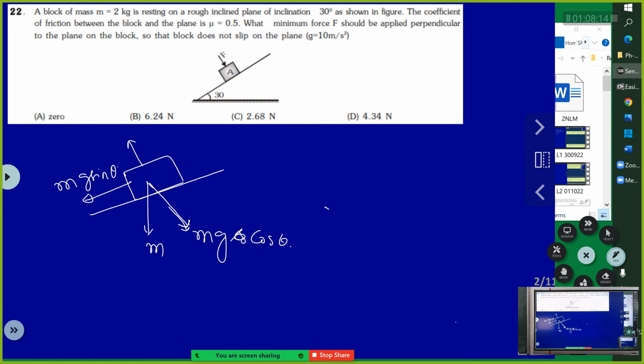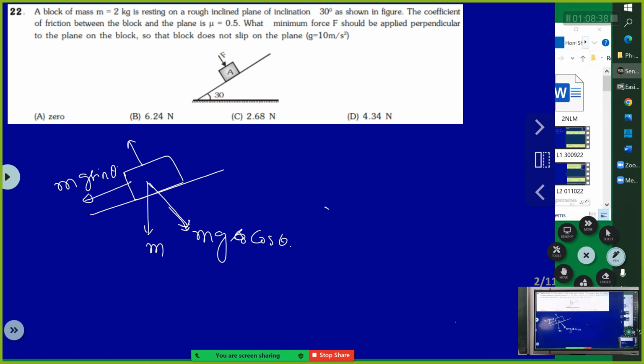We find out what normal reaction force is being applied, and from mu s N equal to mg sin theta, we find out what minimum N is required. We compare the two, and when we subtract, we get whatever extra force we need to apply. In this case it will be 0, sir, because mg cos theta will be greater than the N that we find from mu s N. Excellent, correct.